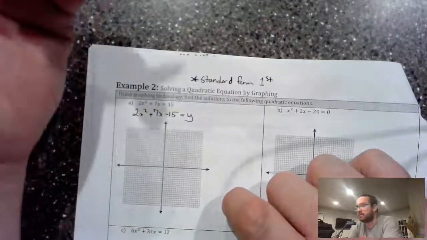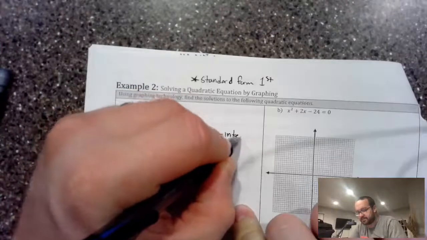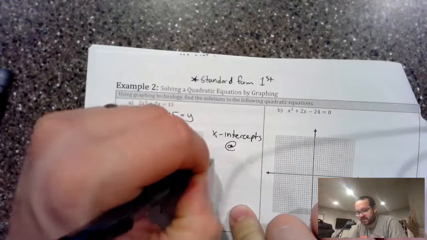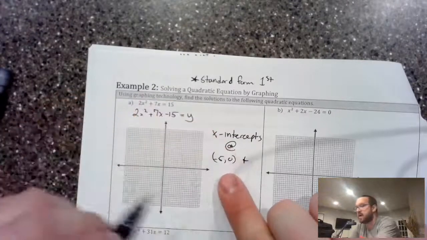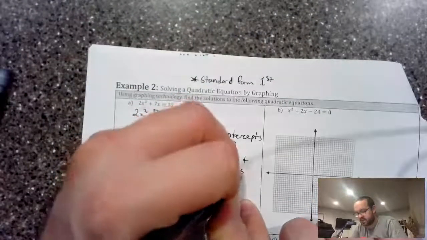In my case, mine is a red parabola. Yours probably is not. So it looks like my x-intercepts are at negative 5, 0. Remember, that's a point. That's one x-intercept. And the second one is 1.5, 0.